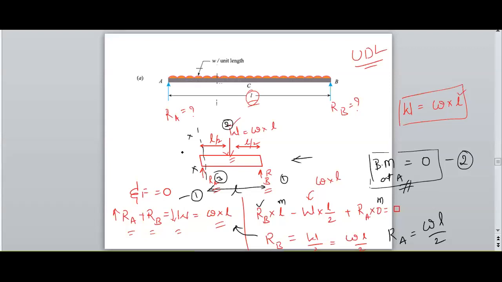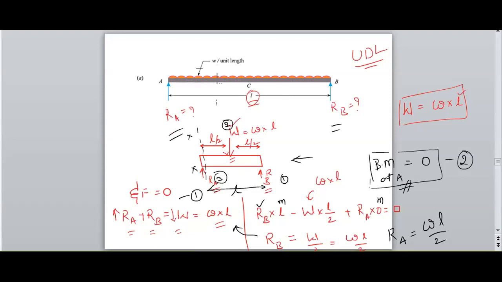Now, after finding the unknowns, I need to draw the shear force diagram and the bending moment diagram of the UDL on the beam.